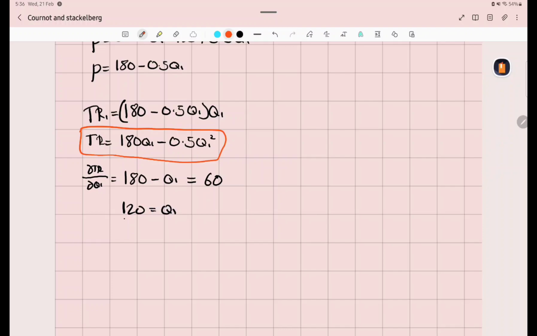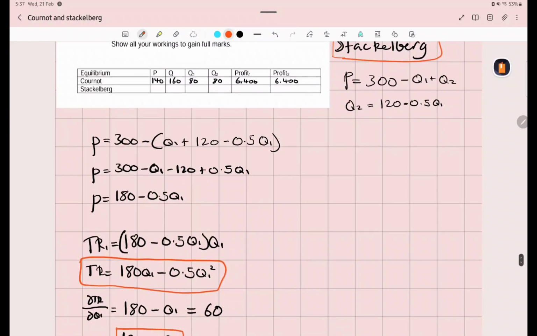And that is firm 1's best response given firm 2. And so the quantity of firm 1 is 120. Plugging 120 into the best response function of Q2 to get firm 2's best quantity.